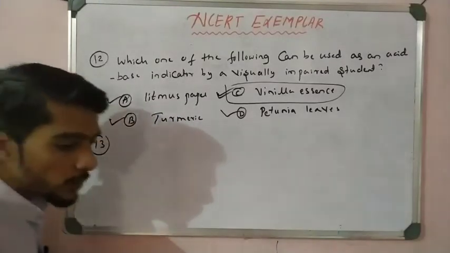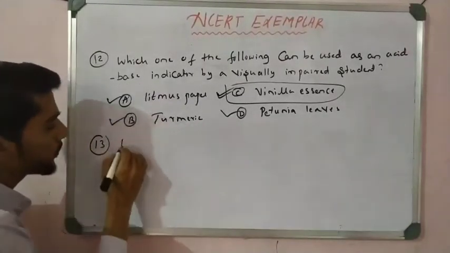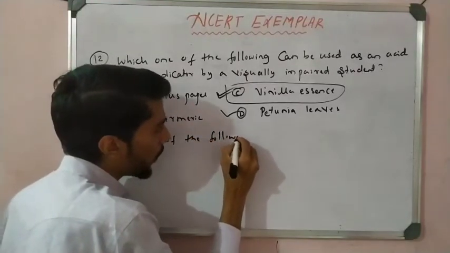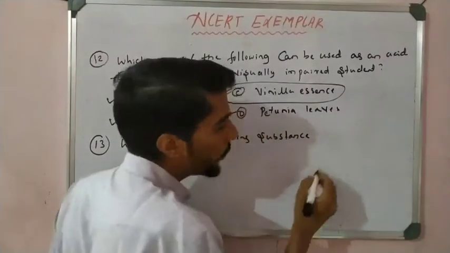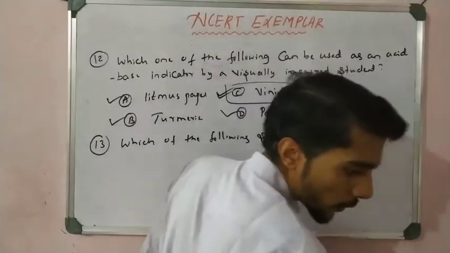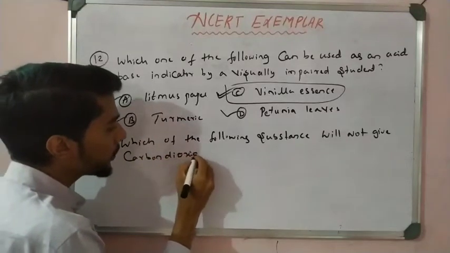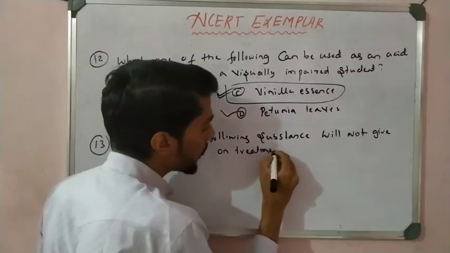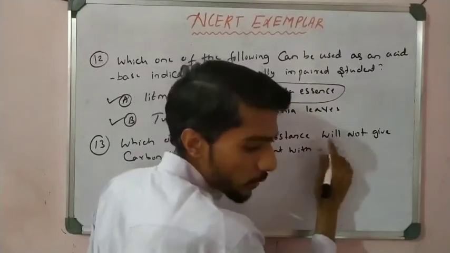Now take question number 13, which is also very important. Which of the following substances will not give carbon dioxide on treatment with dilute acid?